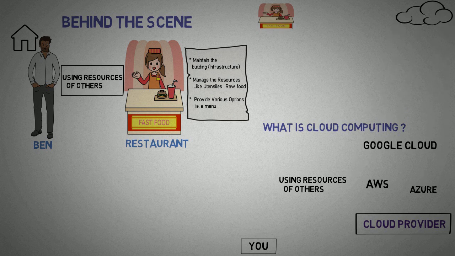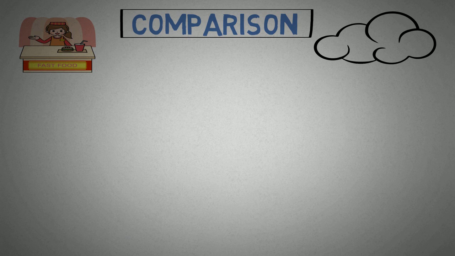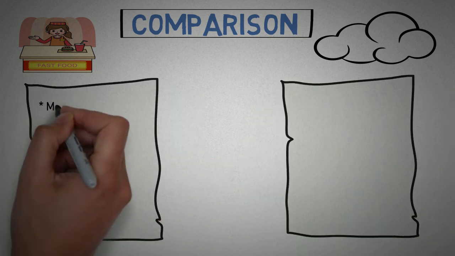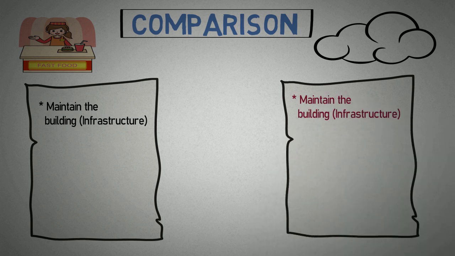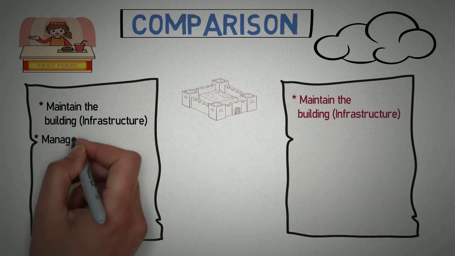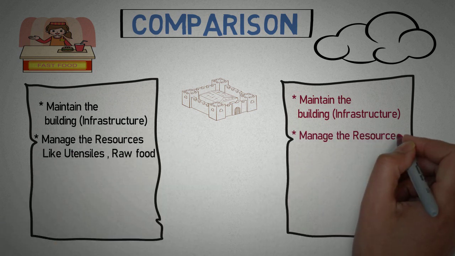And lastly, we will compare restaurant and cloud provider so you can wrap the things in your mind forever and ever. So a restaurant has to maintain a building to prepare food. Similarly, a cloud provider has to maintain a building for keeping its servers. A restaurant has to manage resources like utensils and raw food to prepare the food.